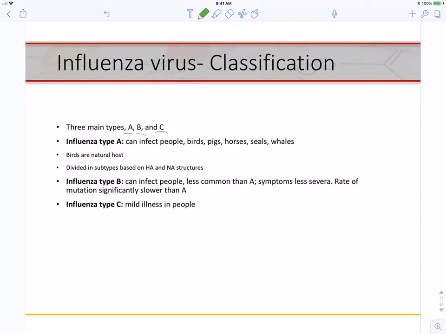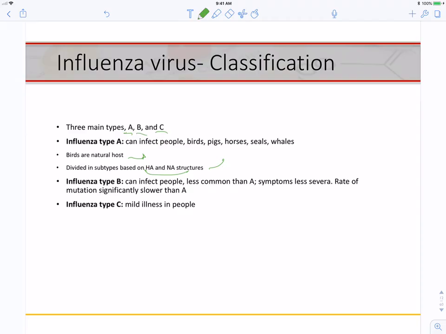A infects a variety of organisms, including us, birds, pigs, horses, and so on. Birds are the natural hosts, and we have several subtypes that depend on the sequence of hemagglutinin and neuraminidase. Influenza type A is what we typically talk about every winter when we talk about influenza epidemics.